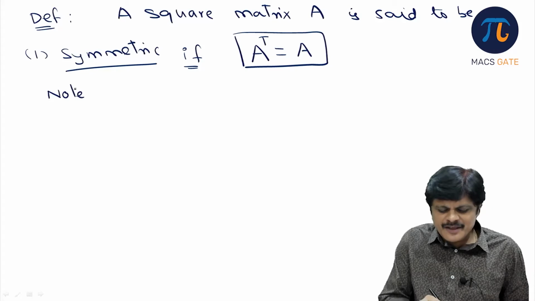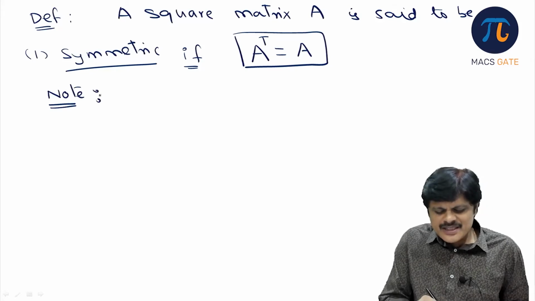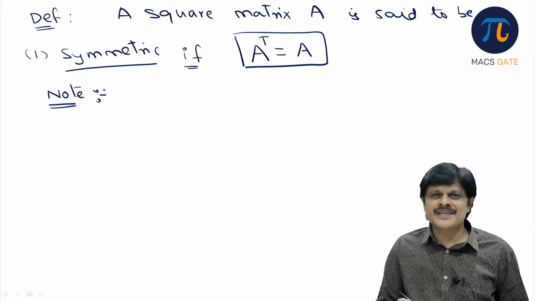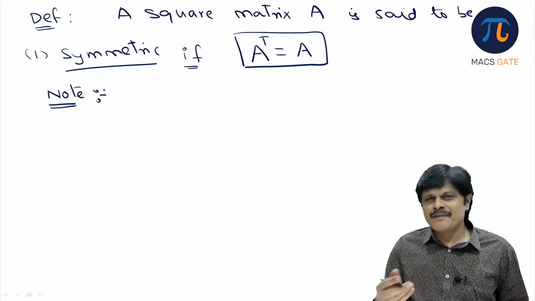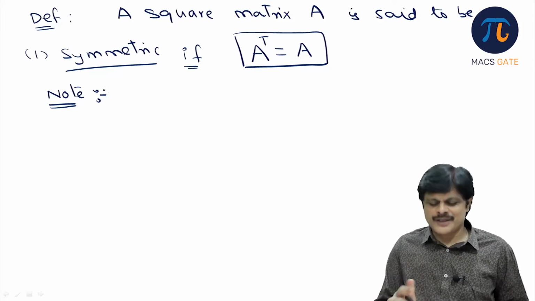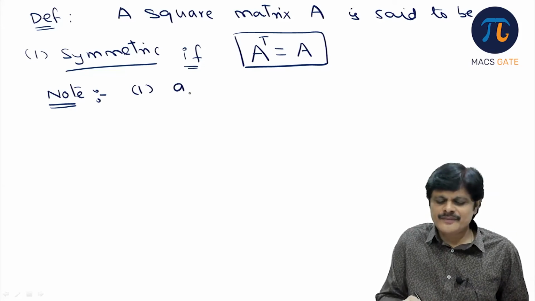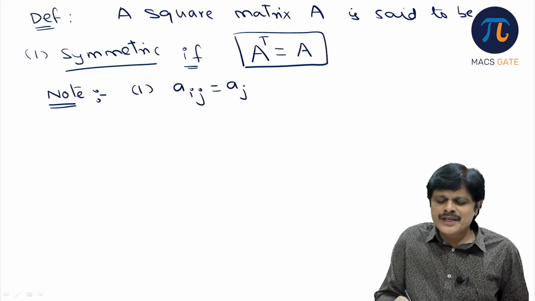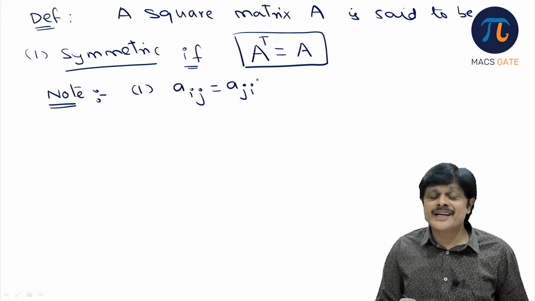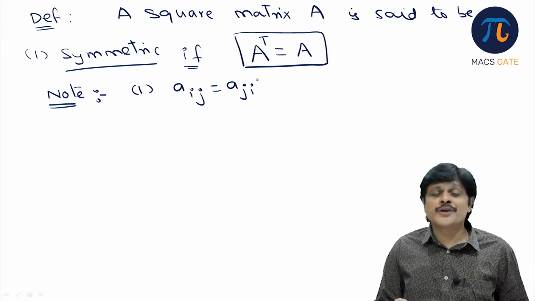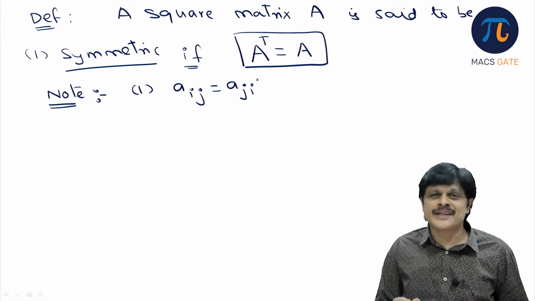See, under the definition I am writing this note. This note will help you in understanding how quickly you can verify whether it is symmetric matrix or not. And the note is this one. Aij is equal to Aji. This is the condition. The ith row jth column is same as jth row ith column.